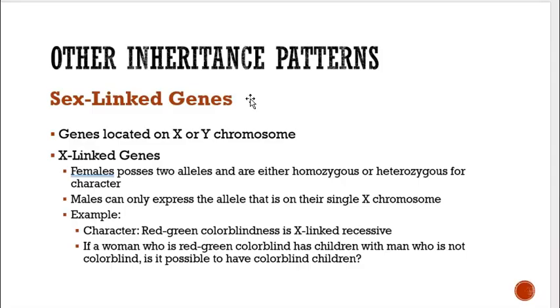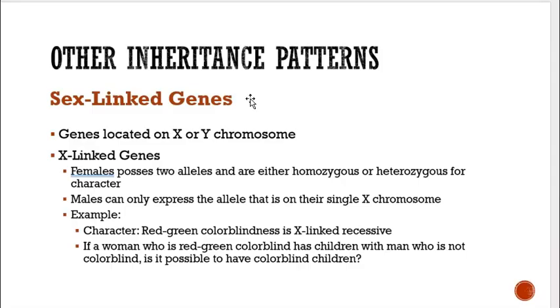Sex-linked genes a lot of times are also called X-linked when they're on the X chromosome. For X-linked genes, we know females will have two X chromosomes, so they'll have two alleles. So a female can be homozygous or heterozygous for that character on the X chromosome. Males, on the other hand, only have one X chromosome. There's not a comparable gene on the Y chromosome.